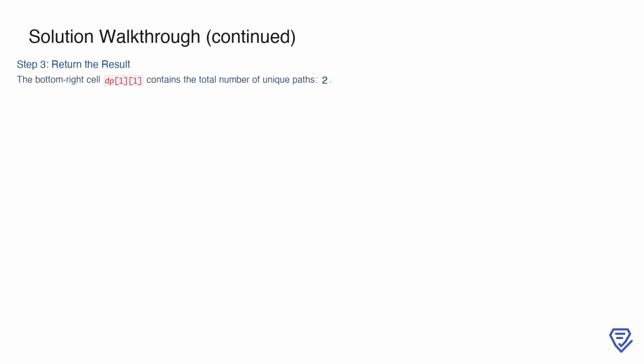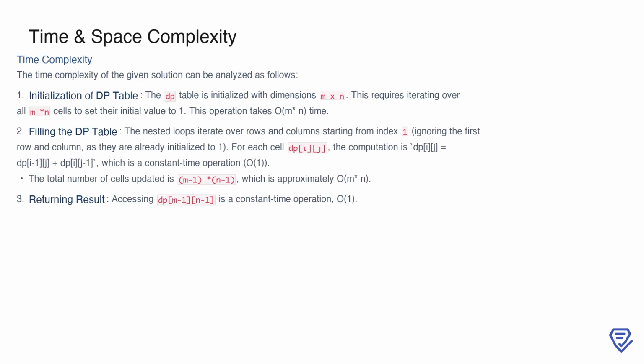To analyze the time complexity of the solution, we start with the initialization of the dp table. This table has dimensions m x n, so setting all m*n cells to their initial value of 1 takes O(m*n) time. Once the table is initialized, we move on to filling it. The nested loops iterate through the rows and columns starting from index 1, because the first row and column are already initialized to 1.